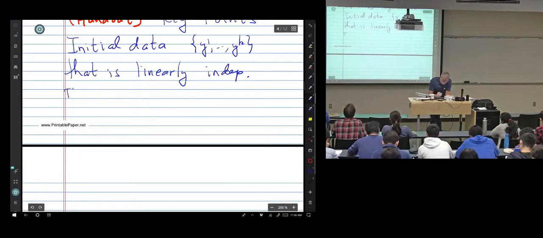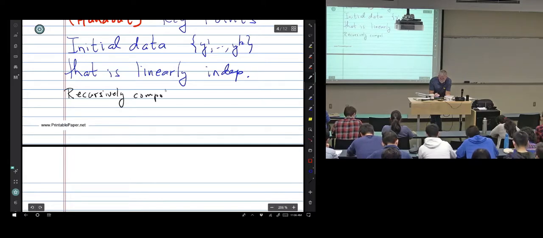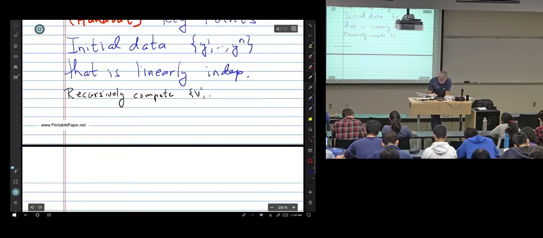Then we're going to recursively compute, oh sorry, I want to call this n, I apologize, v1 to vn, such that two things hold.